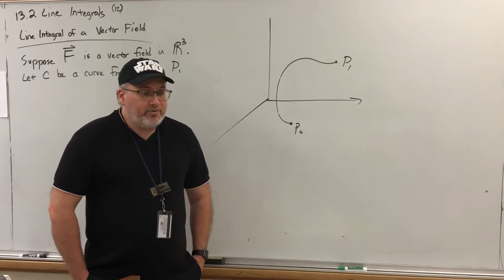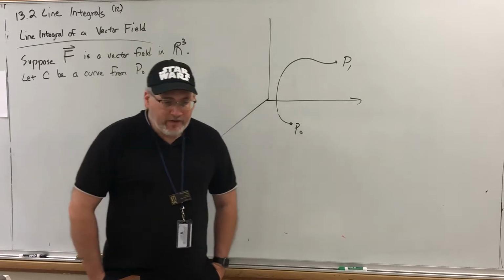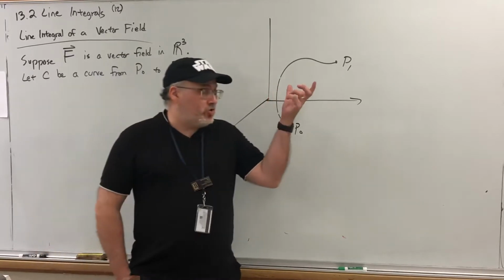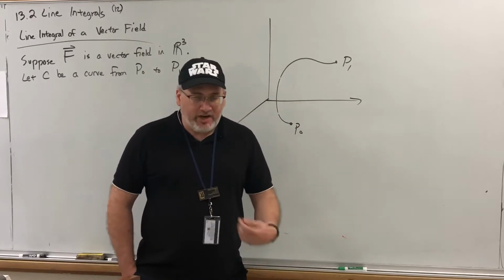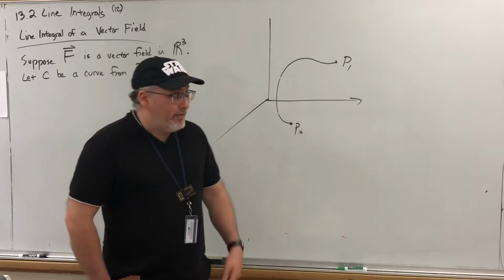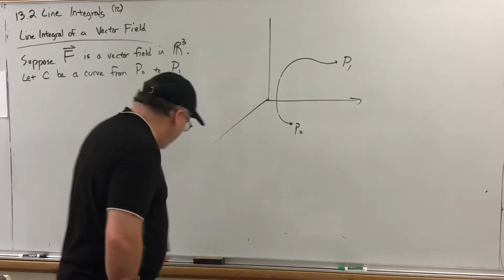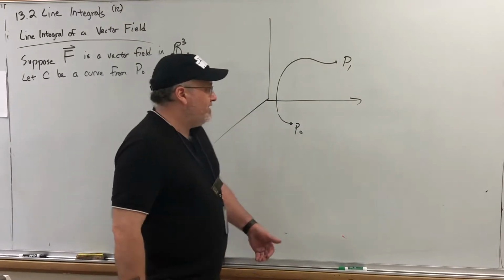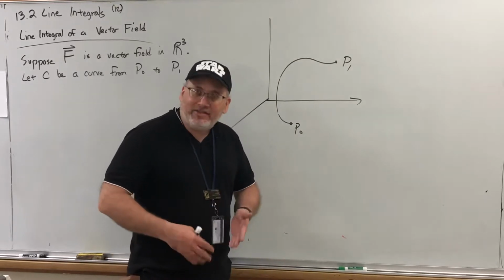Well, calculus comes into existence by cutting things into little bitty pieces, adding up stuff, and then making the pieces shrink to zero and therefore adding up an infinite number of things. In other words, setting up a Riemann sum, and then when you hit it with the limit, it morphs into your integral. So it's important to be able to adapt to new situations and ask yourself, well, what would I do if I cut this into small pieces and I assume things like lines and right angles?